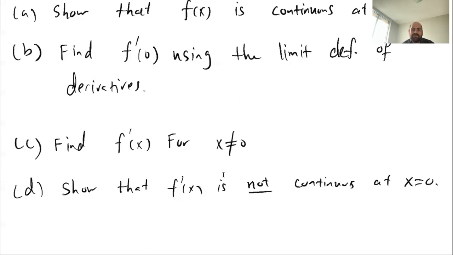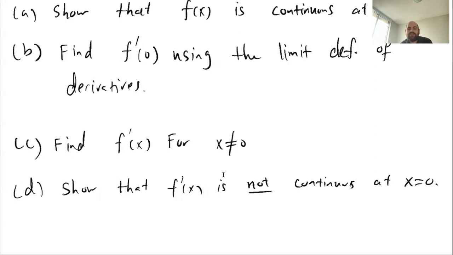And therefore f prime of 0 exists, but f double prime of 0 does not exist because f prime of x is not differentiable at 0. And f double prime of 0 means the derivative of f prime at 0. But because f prime is not differentiable at 0, f double prime of 0 does not exist.